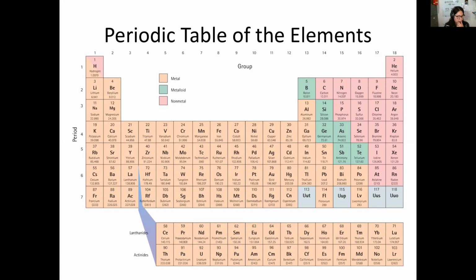However, some isotopes are radioactive. That's why we think about the famous one, uranium, right? Some carbons can be radioactive. So there's a radioactive carbon.